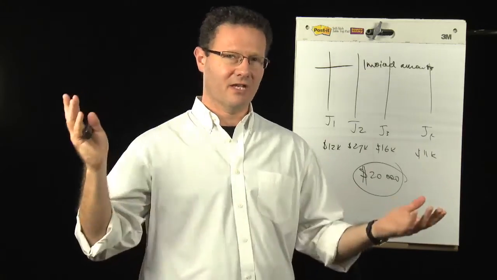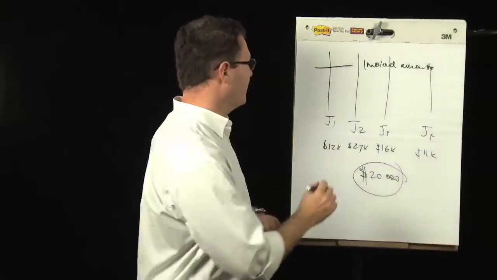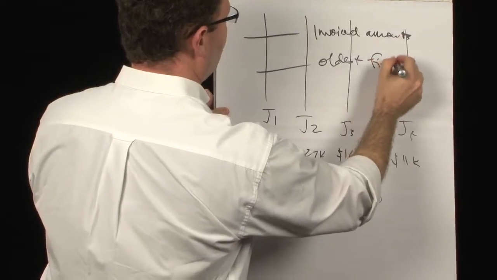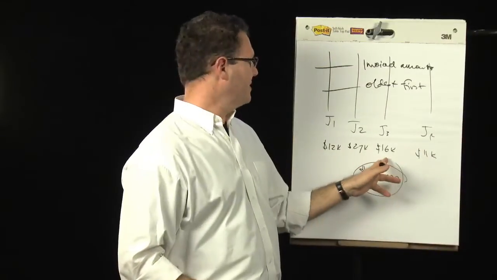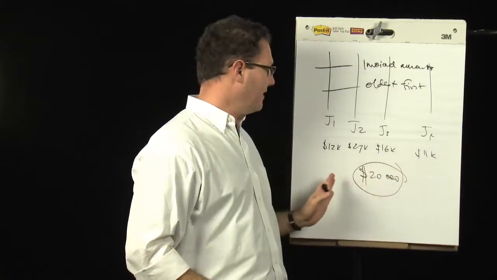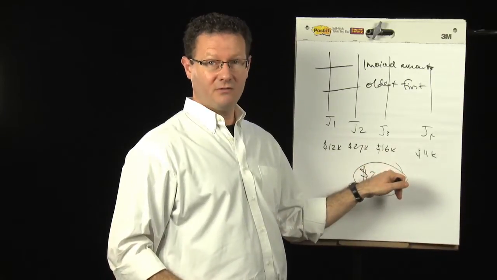Now, if they say, I don't care, or you can't have that conversation, you allot it to the oldest invoice first, across any of those jobs. If one job is 6 months old and the others are 3 months or 2 months old, clear the oldest off the decks first.